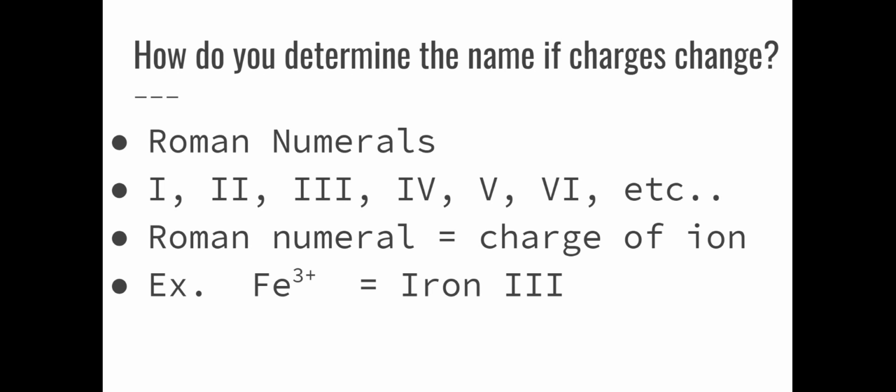So that iron with a 3+ charge would be written out as iron Roman numeral 3. And iron with a 2+ charge would be written out as iron Roman numeral 2. Absorb this slide because from now on, you have to use this information.